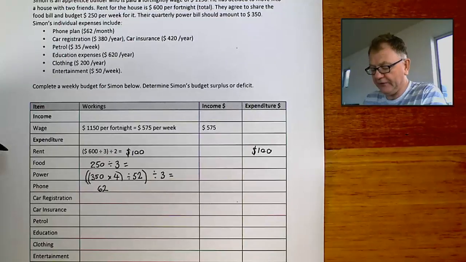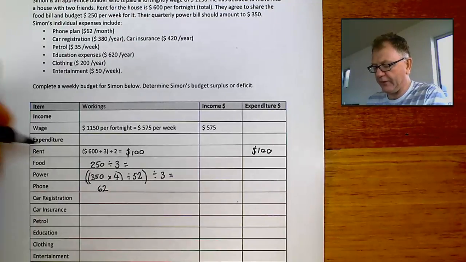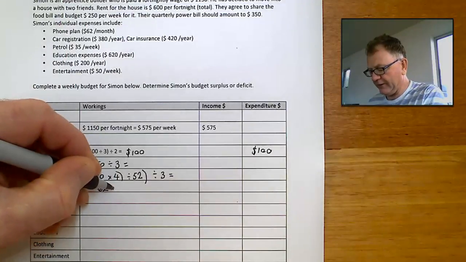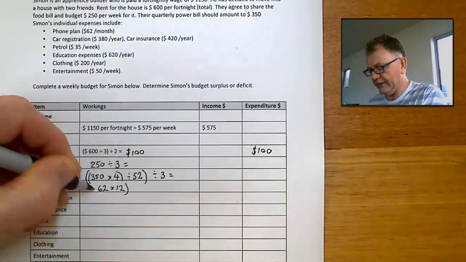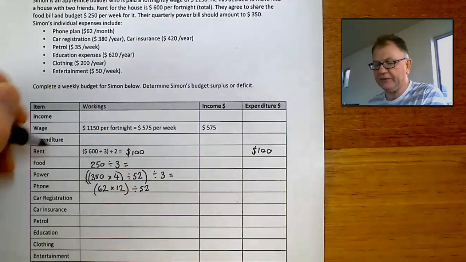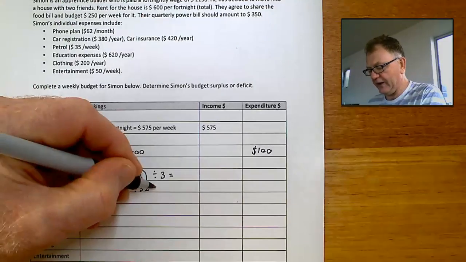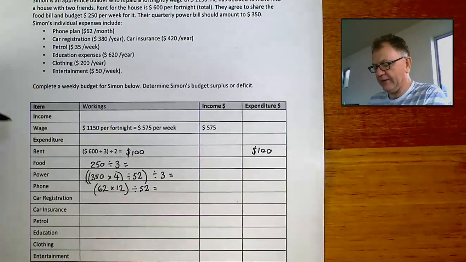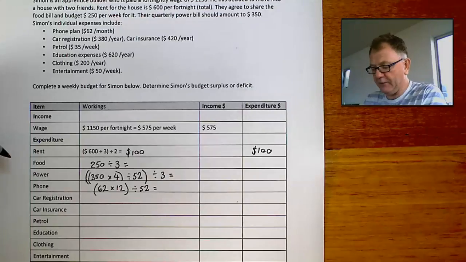To get the best estimate of how much the phone's actually going to cost him, $62 a month, if we multiply that by 12, that will give us a yearly amount, and then divide it by 52, because there's 52 weeks in a year. That will give us Simon's weekly amount that he should allow for his phone.